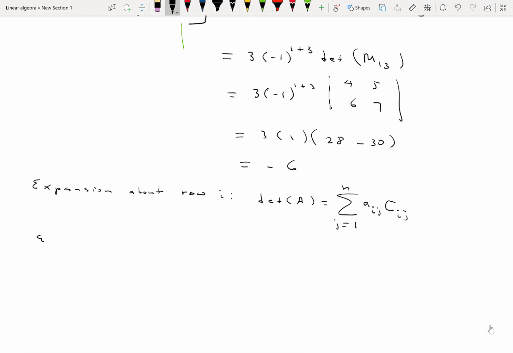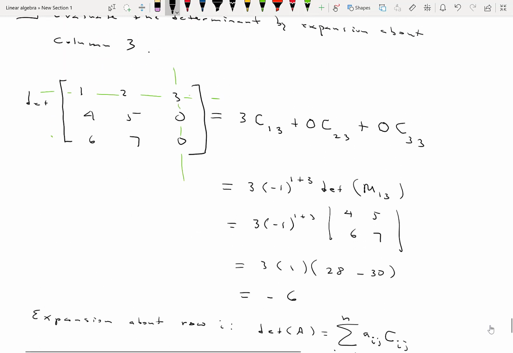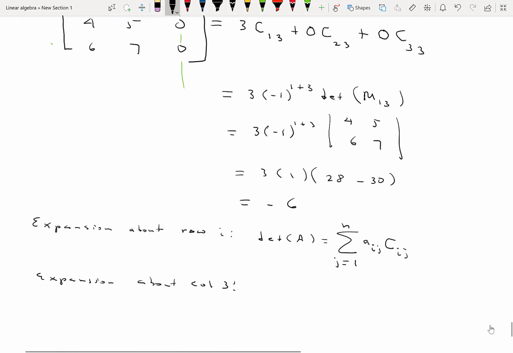So the expansion about column 3, our column 3, was the determinant of A equals the sum.